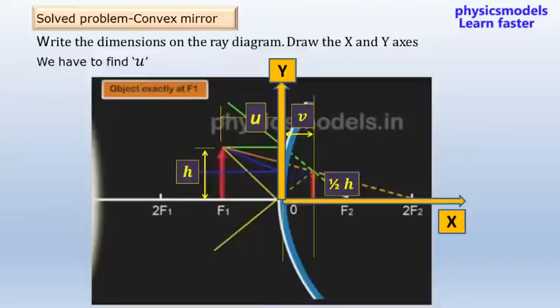We can notice here from the axis that the object distance u is on the left hand side of the origin O, so it is a negative sign. The image distance will have a positive sign v, and both the height of the object and height of the image are on the positive y axis, so both will have a positive sign. The focal length OF2 will have a positive sign because it's on the positive x-axis.